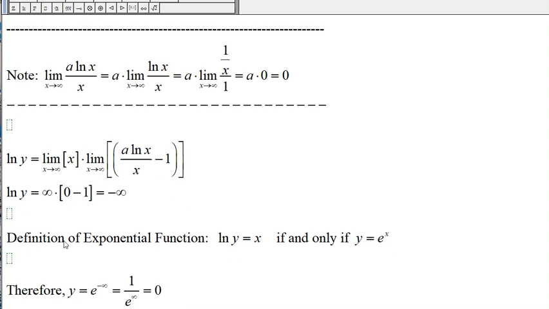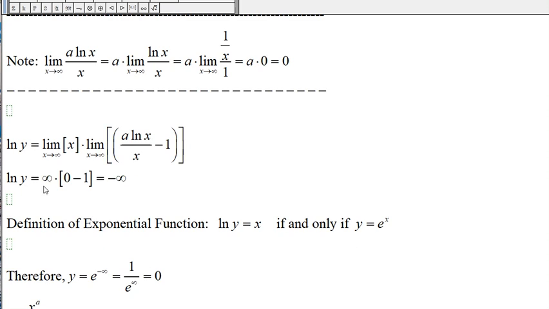Recall that the definition of exponential function is as follows. The natural log of y is equal to x if and only if y is equal to e to the x.